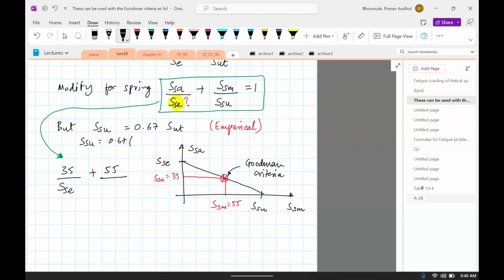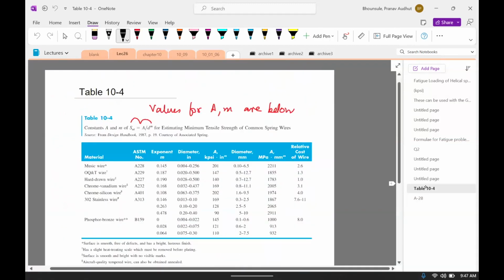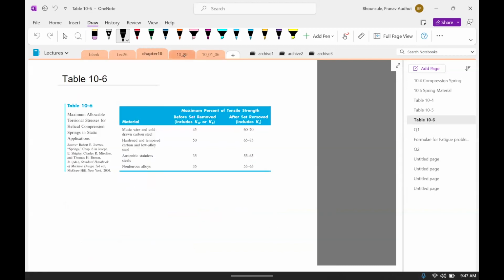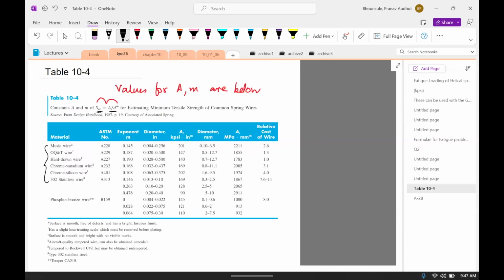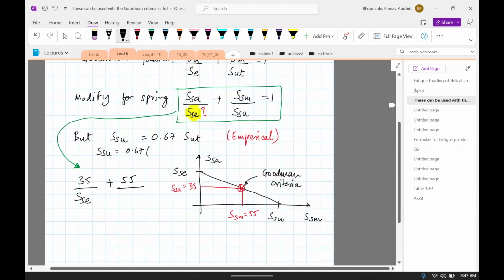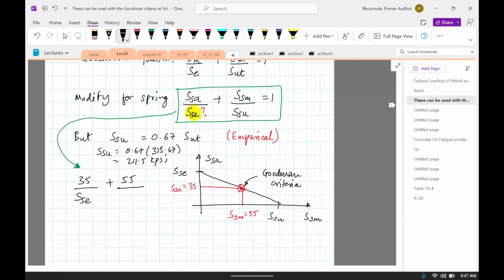There are a couple of springs, and for each spring you can compute SUT from this formula. So let's say we've already computed SUT, and SUT is 315.67, so SSU is 211.5 kpsi.